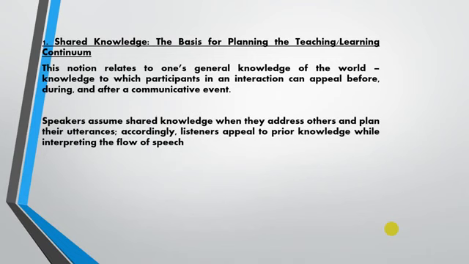Well, writers plan their texts according to what they presume their intended audience knows about the world, and readers appeal to their prior knowledge while processing written text. Furthermore, interactants select or prefer language which accommodates and strengthens some of the shared and mutually perceived situational features.